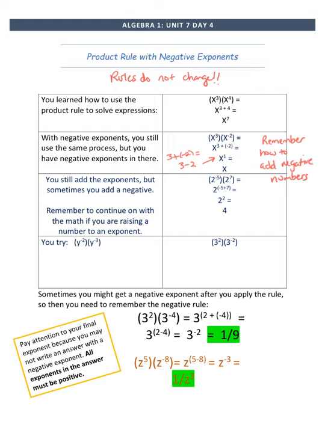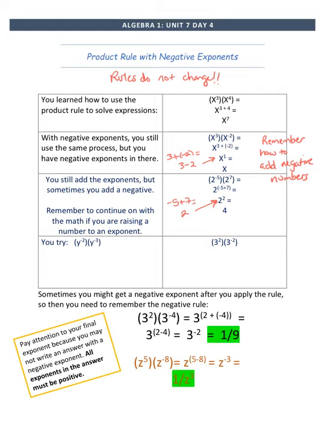Alrighty, let's do this with a base of 2. 2 to the negative 5 times 2 to the 7 means product rule. Add the exponents. So you have negative 5 plus 7 equals positive 2. 2 to the second power, which is 4. This isn't a complicated rule, but you have to remember how to add negative numbers. You've got to get really good at that.